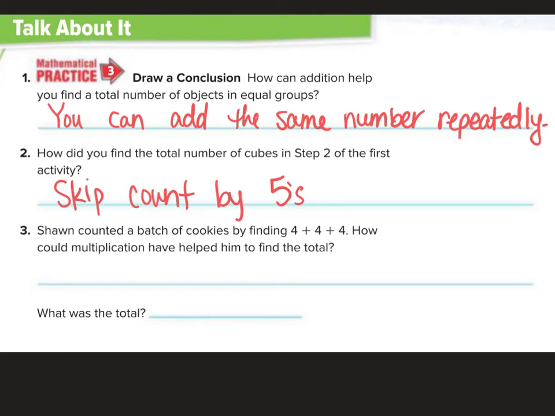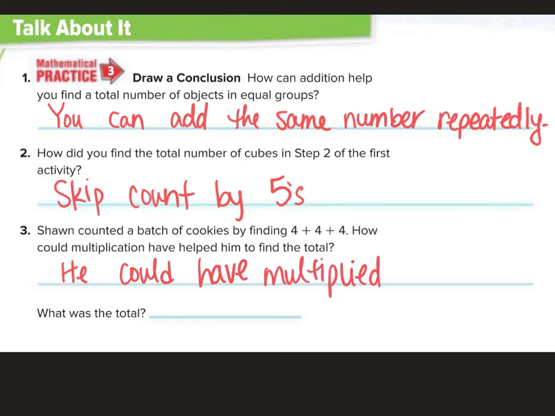Number 3 says, Sean counted a batch of cookies by finding 4 plus 4 plus 4. How could multiplication have helped him to find his total? He could have multiplied 3 groups of 4, or 3 times 4.